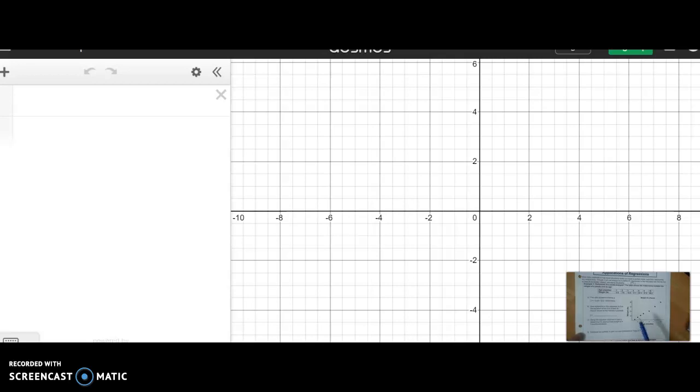So, example, we're doing a panda example, and it's going to refer to another worksheet, but we haven't done the other worksheet. They rearranged some worksheets, and this will sit by itself. The table shows the relationship between the weight of the panda and its age.